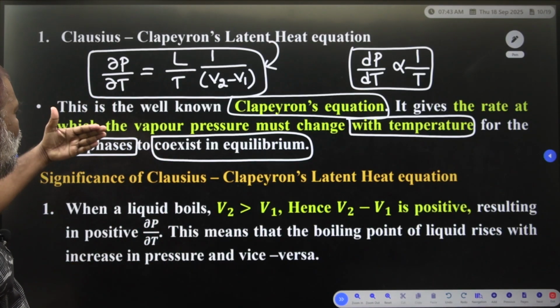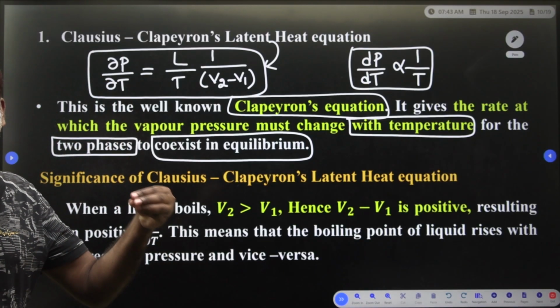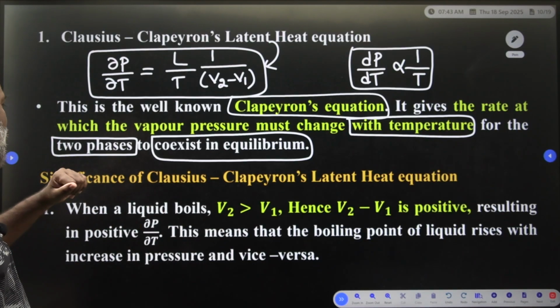This is a very important equation, the Clausius-Clapeyron equation.